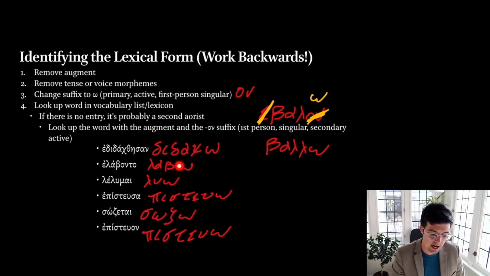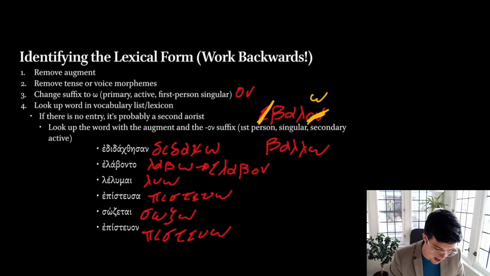If you were to look up labo, you would not find this form in the vocabulary list. You would not find it in a lexicon. So then what you would need to do is go ahead and change this back, add the augment back on there, and look up alabon with the omicron nu ending.